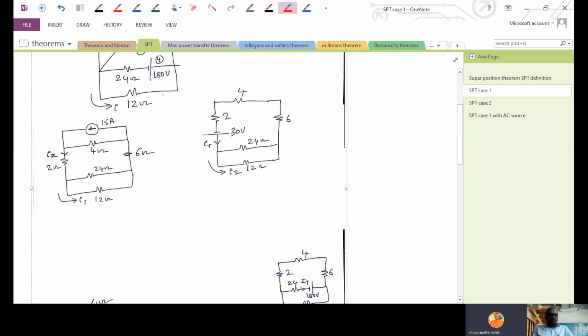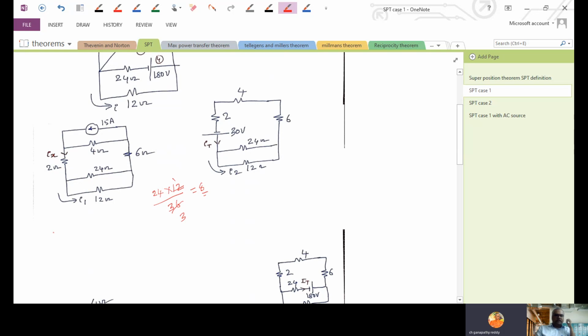It is simply a single source problem. 15 amperes is entering, and it divides between 4 ohms and the total equivalent. 24 and 12 in parallel: 24 into 12 by the addition 36 gives 8. 8 plus 2 is 10. 10 and 6 in parallel gives 16. So 16 parallel with 4.